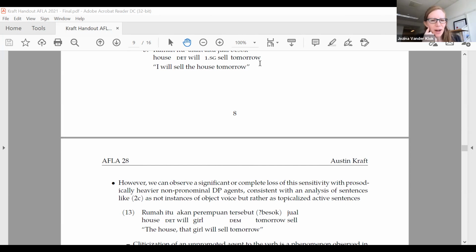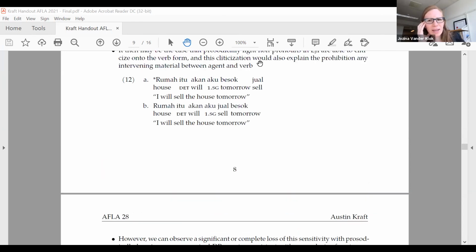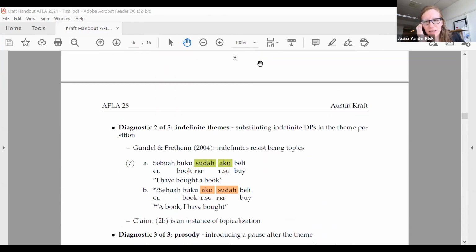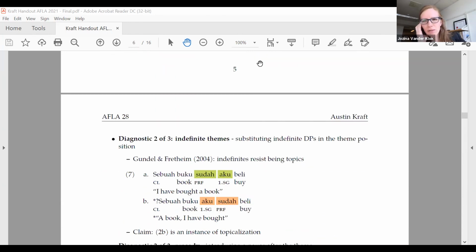Okay. I had a question about the indefiniteness test with sebuah buku, and I was curious if your consultants had any sensitivity to specificity. So if they mentioned whether it's a specific indefinite book or just any book.